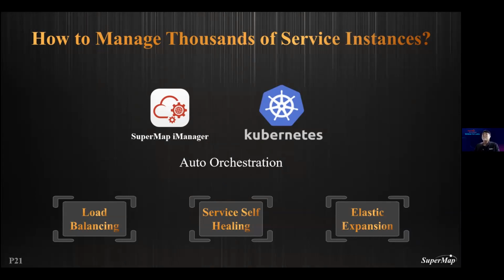It can integrate with one of the advanced technologies called Kubernetes. With the integration between SuperMap Manager and Kubernetes, we can achieve features like load balancing, service self-healing, and elastic expansion.